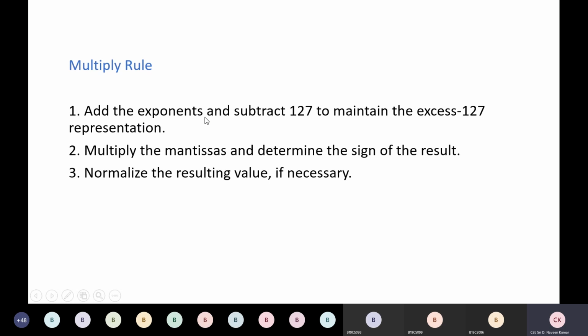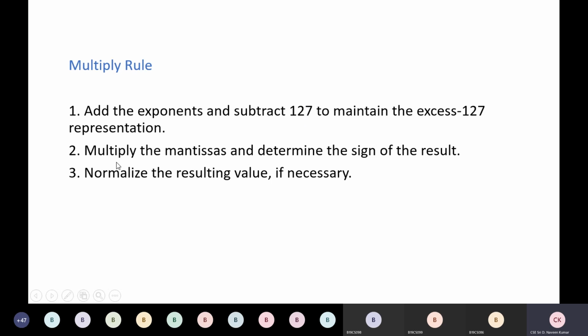We add the exponents and whatever result we get, we subtract 127 from it, because we are already representing it in excess 127. That's why we subtract 127.